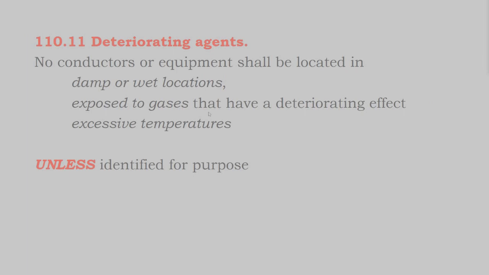So there is going to be some repeating content in code as we move along, because what is relevant to, say, the utility feeder conductor might also be relevant to an AC branch circuit that is later defined in code.